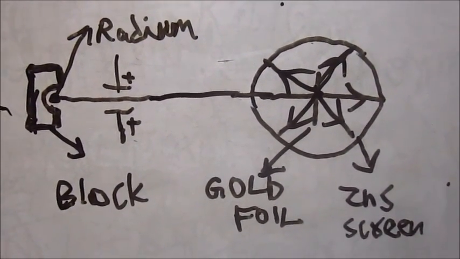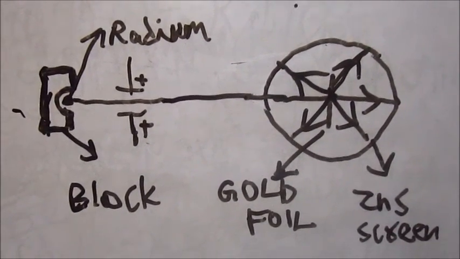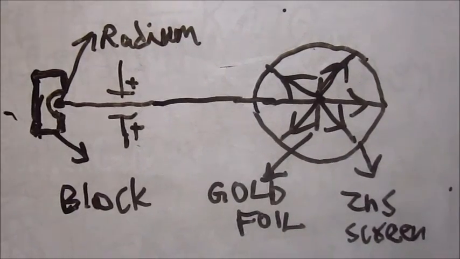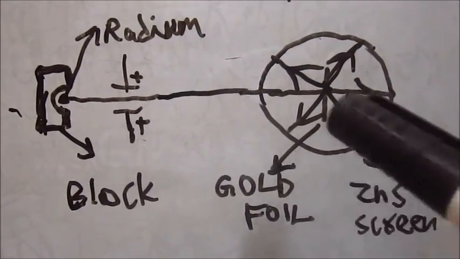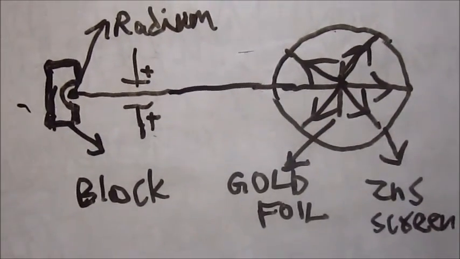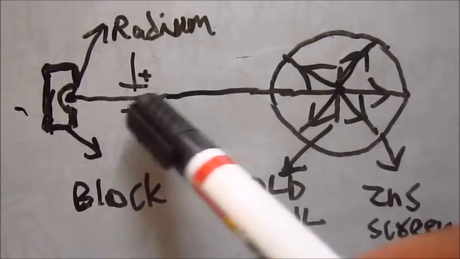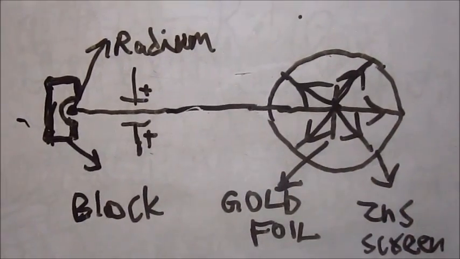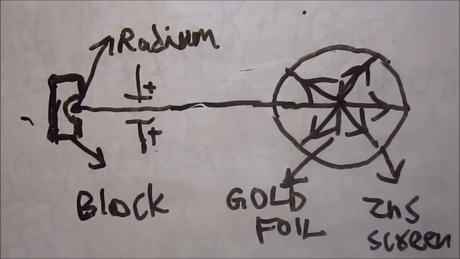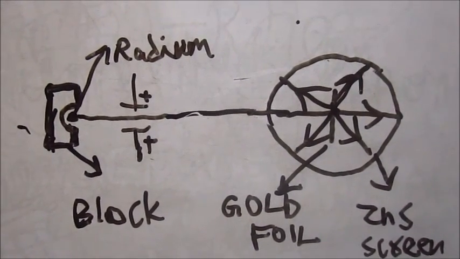Now this can be explained only if we assume that the positive charge in atoms is not thinly spread, but is concentrated at a very small place in the atom. This small place was called the nucleus later on. When alpha particles approached the gold foil, they deflected almost through 360 degrees.